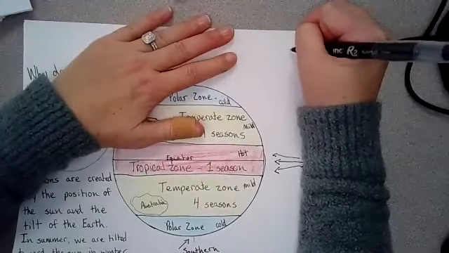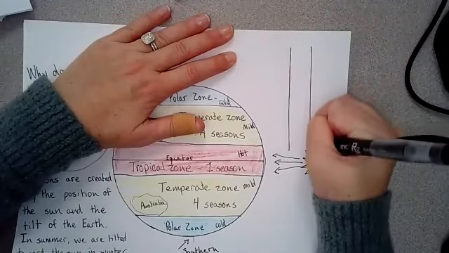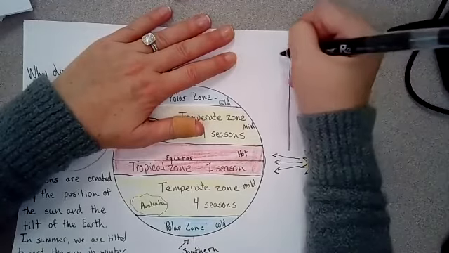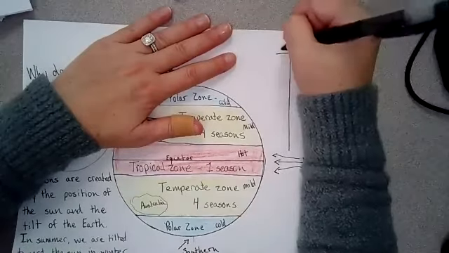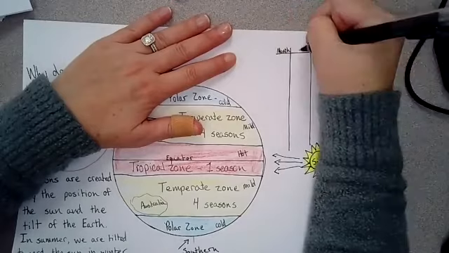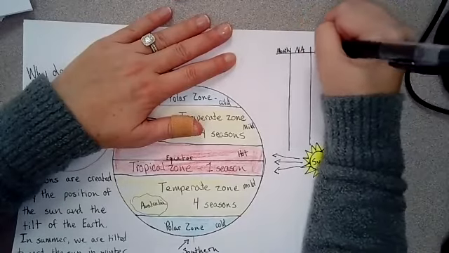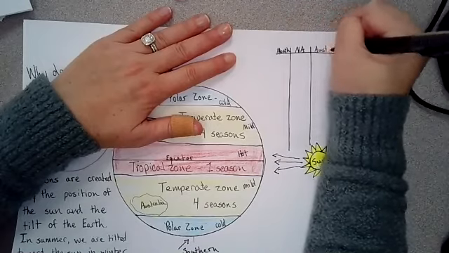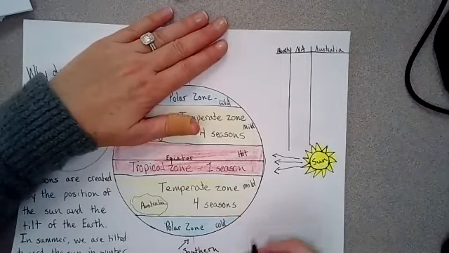You're going to draw one line, two lines, and then a line across the top. So this is going to be the month, this is going to be North America, and this is going to be Australia. And we're going to talk about what it's like for them and what it's like for us in each month.